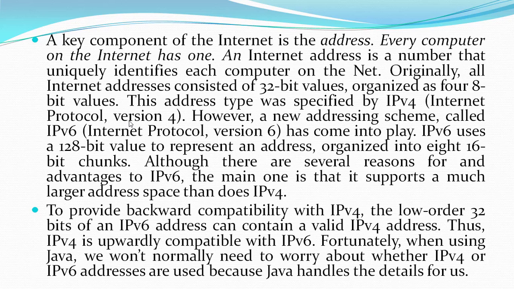IPv6 uses a 128-bit value to represent an address, organized into 8 16-bit chunks. Although there are several reasons for and advantages to IPv6, the main one is that it supports a much larger address space than does IP version 4.